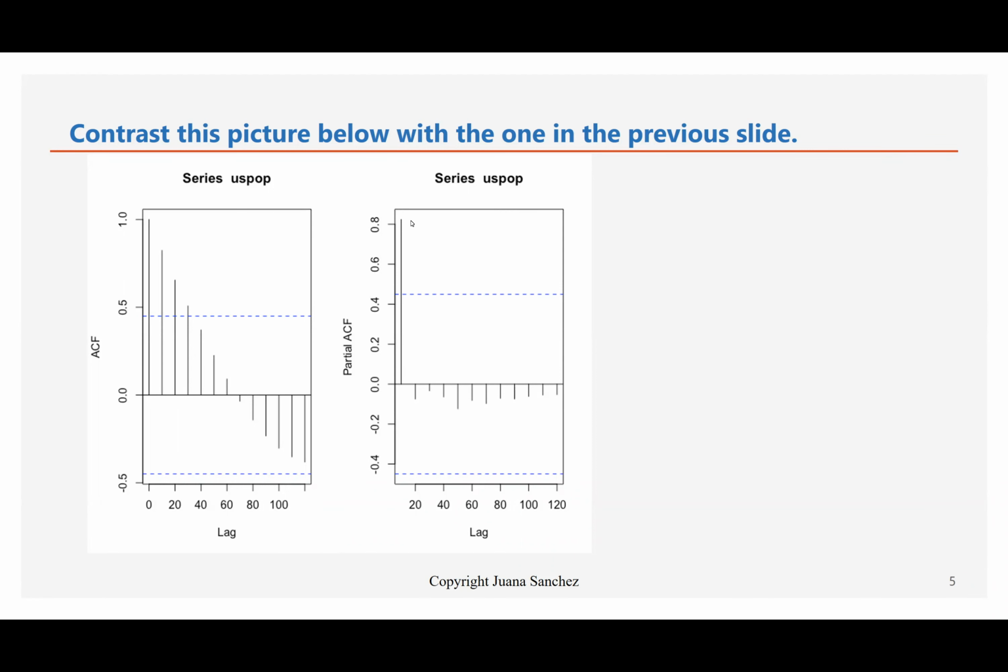Look at the simplicity of the sample partial autocorrelation function. It's just giving us that the partial autocorrelation is 0.8 and nothing else. The rest are very clearly not statistically significant.